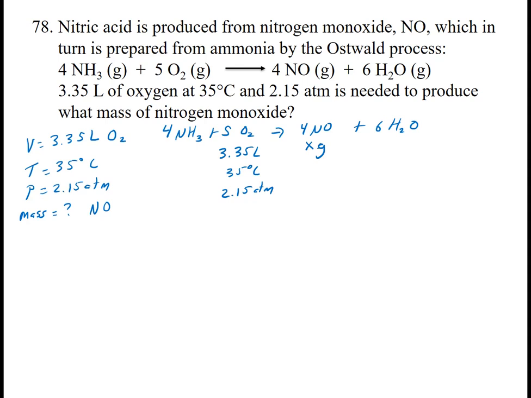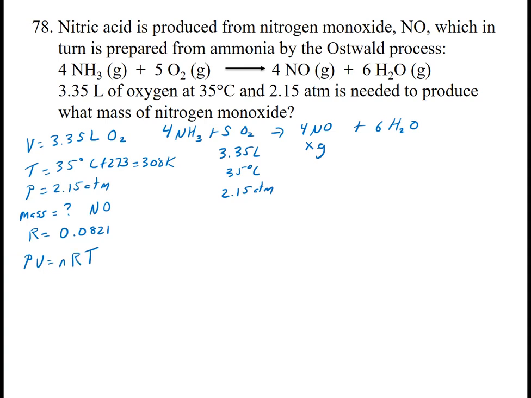Of course my temperature has to be in Kelvin, so plus 273 gives me 308 K. And anytime I use the ideal gas law, I have to have R, which is 0.0821, and that's just because that's a constant. So using the ideal gas law, I have PV = nRT.